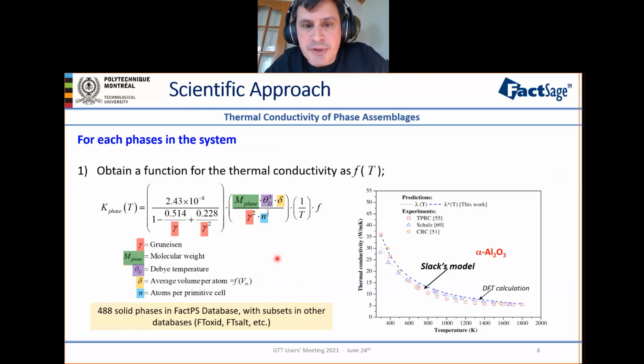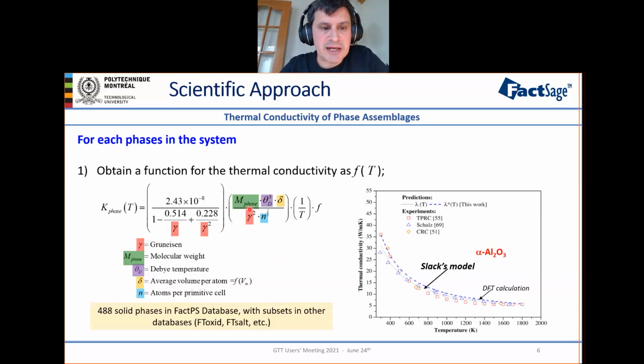So in order to compute the thermal conductivity of a pure solid phase as a function of temperature, we need information about that phase: its structure, its molecular weight, its Debye temperature, its Grüneisen parameter, its average volume per atom, and the number of atoms per primitive cell.